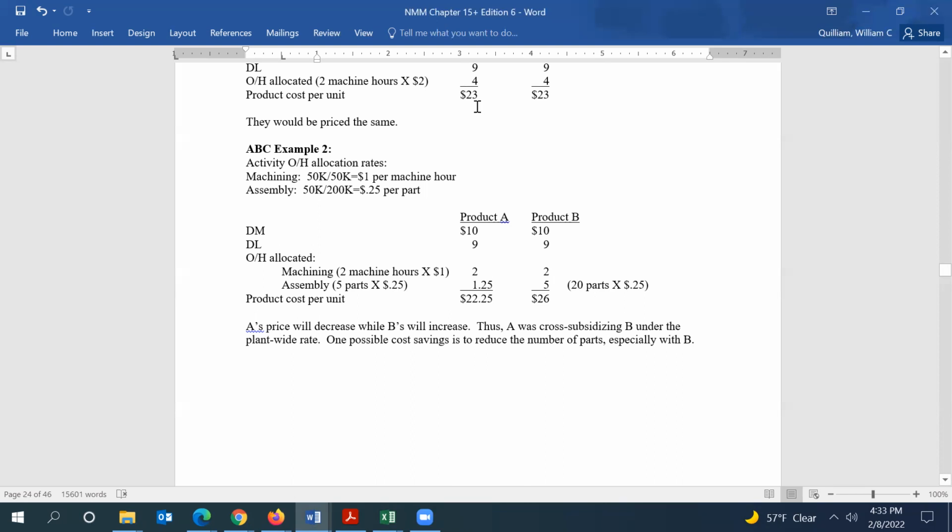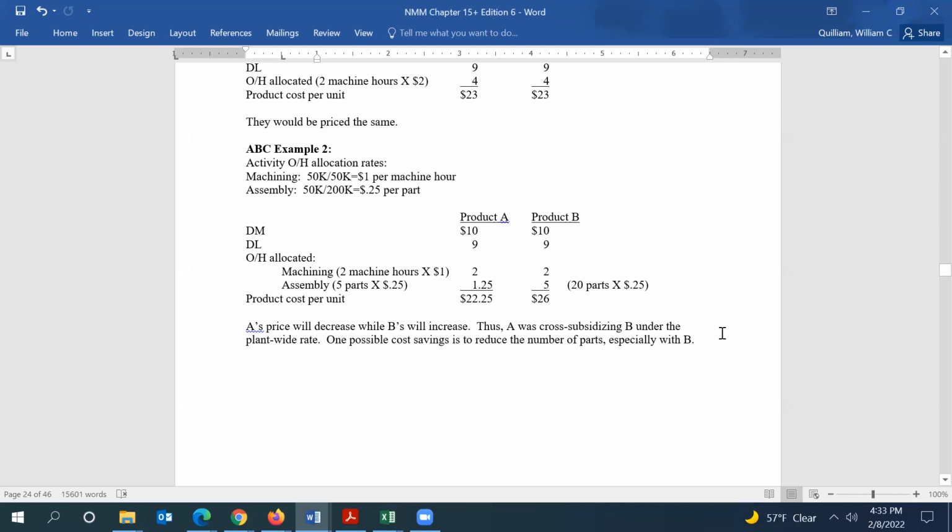So versus before, versus that plant-wide overhead allocation rate, the cost of A has dropped, the cost of B has gone up. So sure enough, as I said here, A's price will decrease while B's price will increase. That's because A went down in price and B went up in price under ABC.